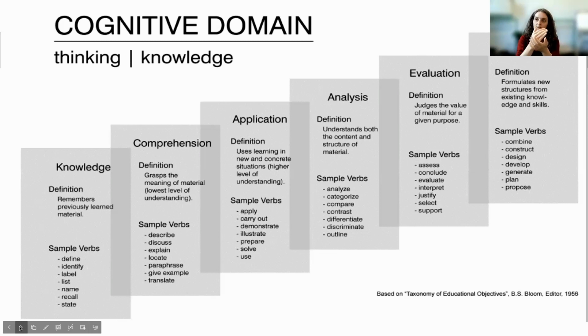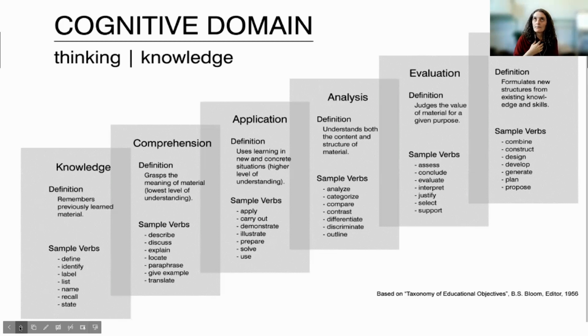So it's good to think about what students can do, getting them pushing up from knowledge to comprehension. Application is quite a different thing, being able to apply something or demonstrate something. Going into analysis and evaluation and synthesis is quite challenging, right? And then you get those sample verbs up there.